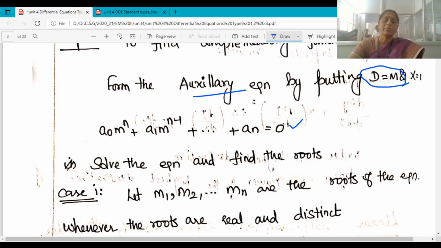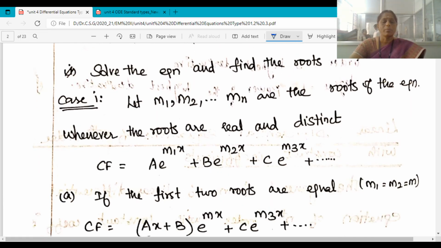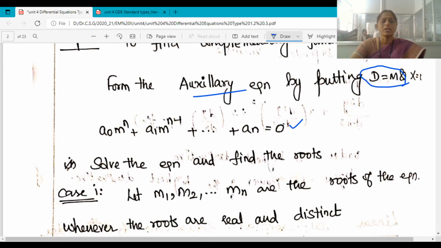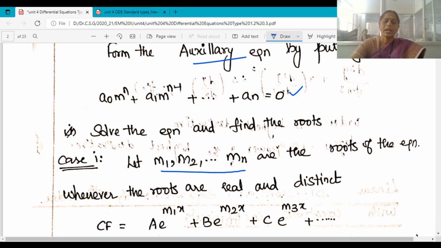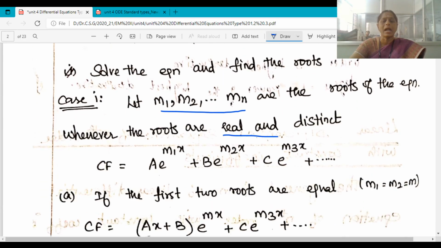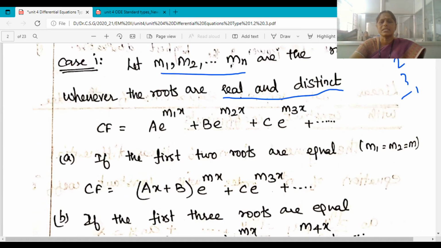Based on the nature of the roots, we are looking for the complementary function. Assume the roots are m1, m2, etc. mn, and the roots are real and distinct. Real and distinct in the sense that the first root is 2, the second root is 3 and another is minus 1, like this, and we call this roots that are real and distinct.